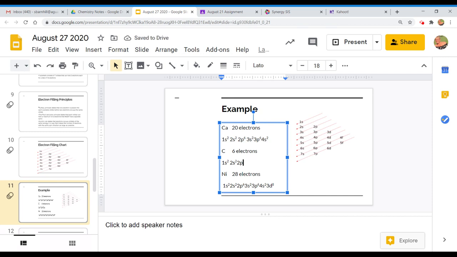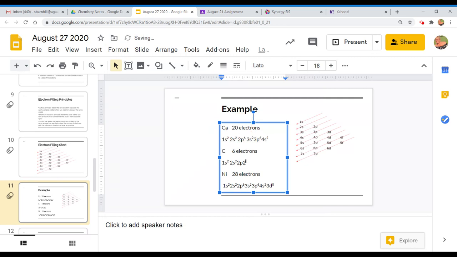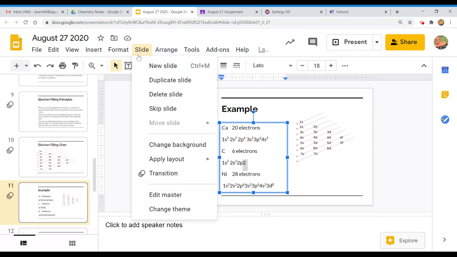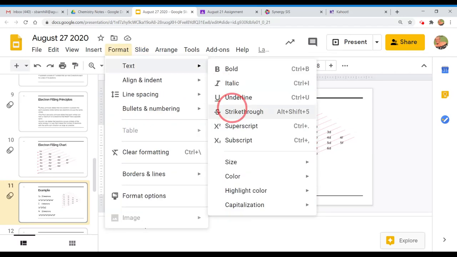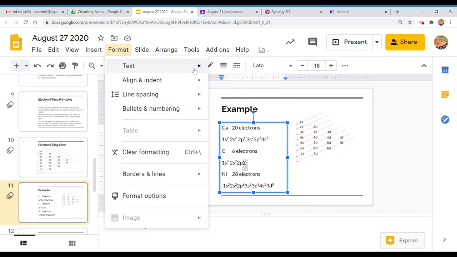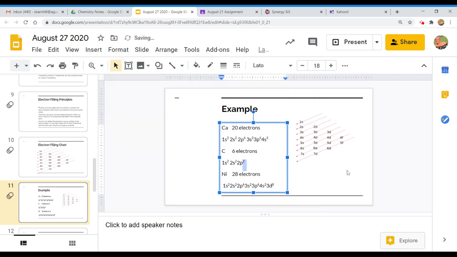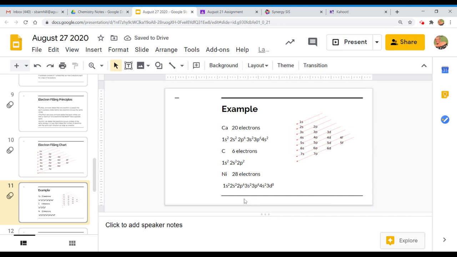Now, that is 4, so I need a 2. Okay, sorry about that.